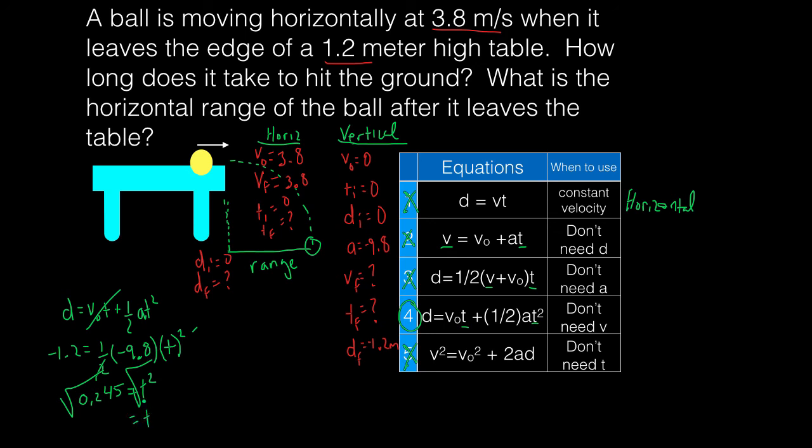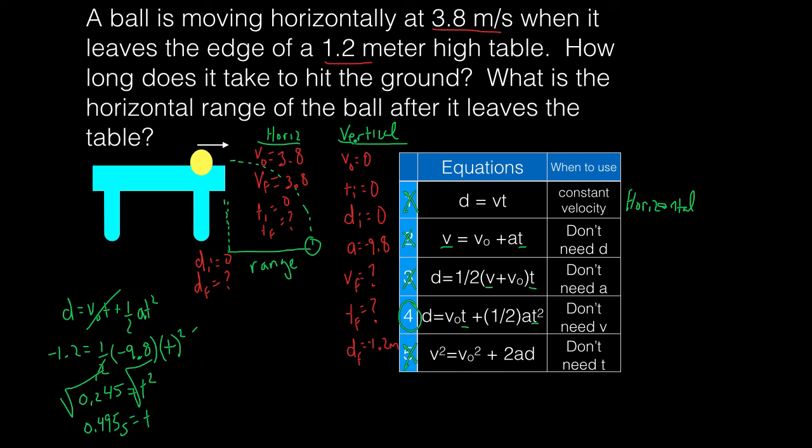So let me take the square root of that. And my calculator says t is equal to 0.495. And time is always measured in seconds, so that's seconds. So that's the time that this ball will be in the air.